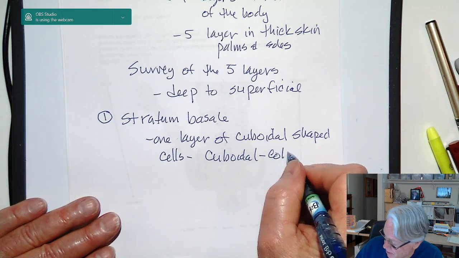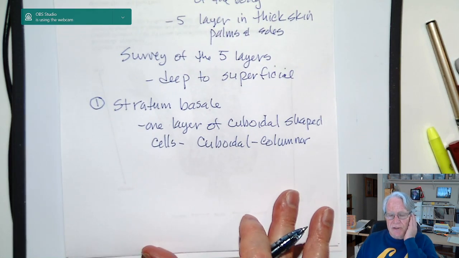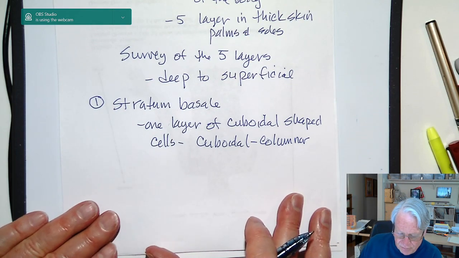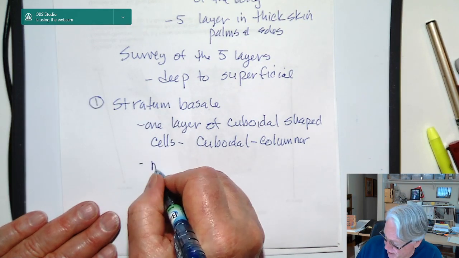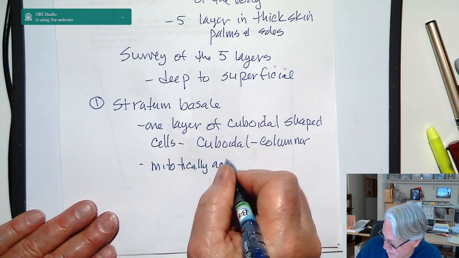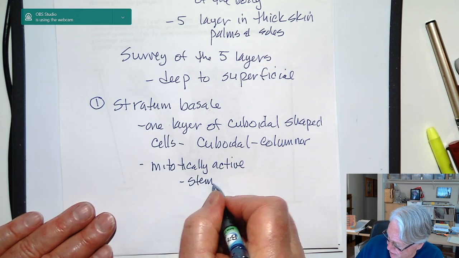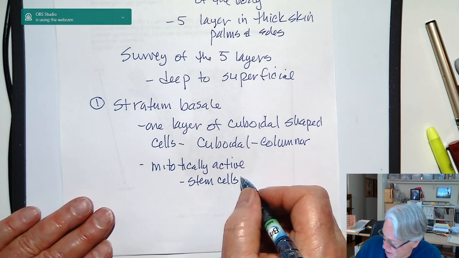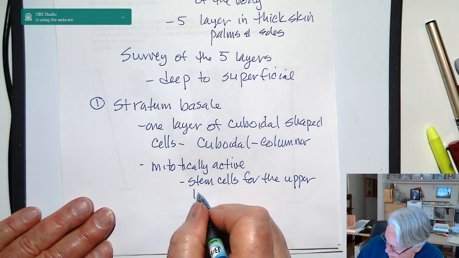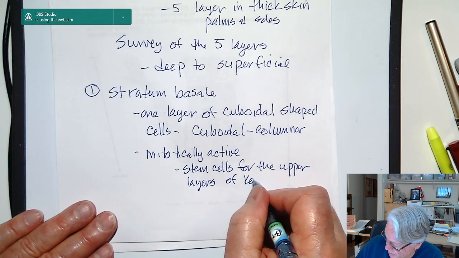It varies, but between those shapes. So sometimes more elongated, sometimes less elongated. Okay. This layer is mitotically active, and it can be thought of as the stem cells for the upper layers of keratinocytes, I should add.